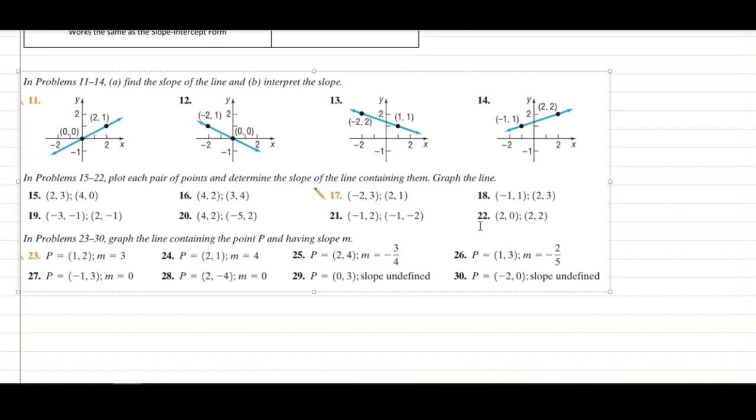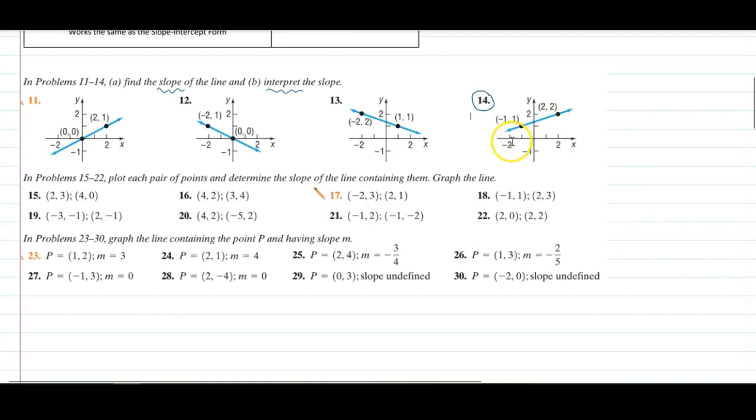Sometimes you can have a graph and the graph asks you to find the slope of the line and to interpret what the slope means. And the slope of the line, I'm quite confident every single person in the classroom knows, so we're not going to go much into that. All right, we know it's rise over run or y2 minus y1, however you want to call it.